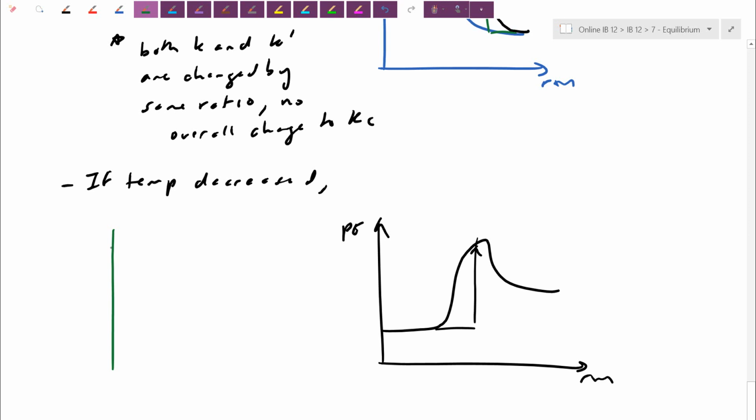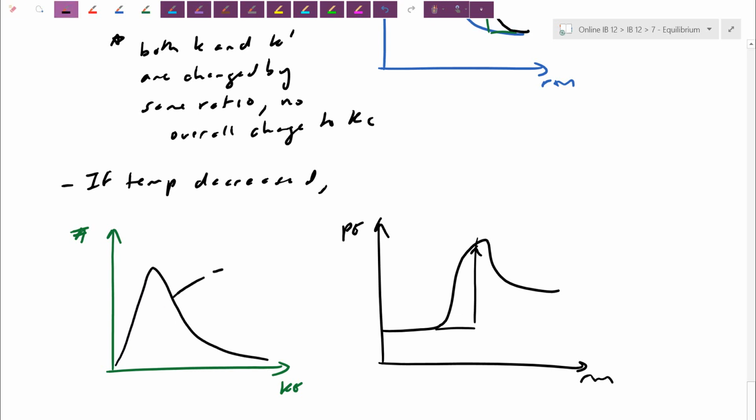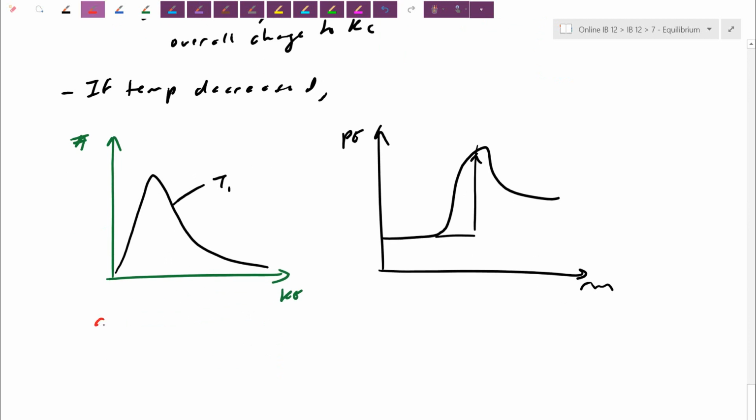Basically, if you look at your Boltzmann distribution, the number of particles against kinetic energy, as you decrease temperature, the curve actually shifts upwards. So let's say this is my original temperature, this is my T1. As I get to an even colder temperature, all the particles slow down. As all particles slow down, they end up stacking up a little bit here, and a lot of them don't have much energy.